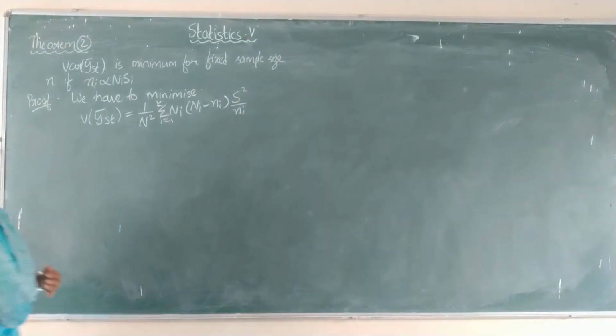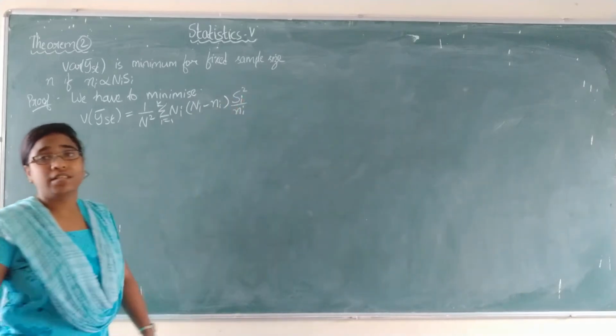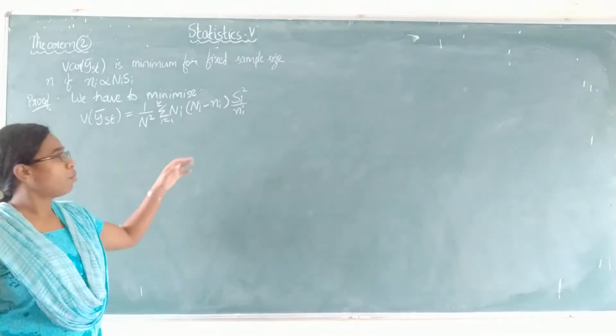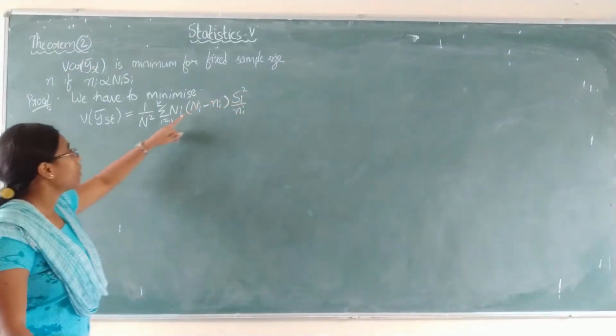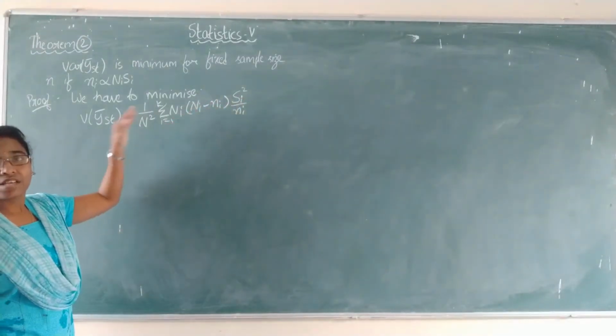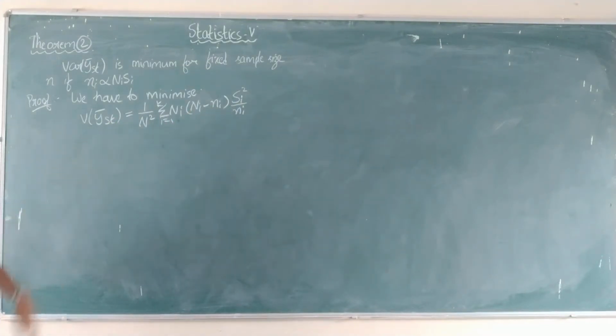What is small ni? Small ni is the random sample size drawn from the ith stratum, Si square is the stratum mean square, and capital Ni is the stratum population size. So this is the variance of y bar st.